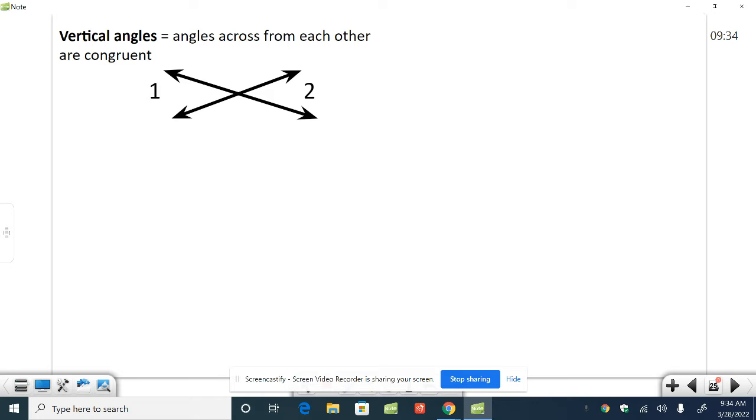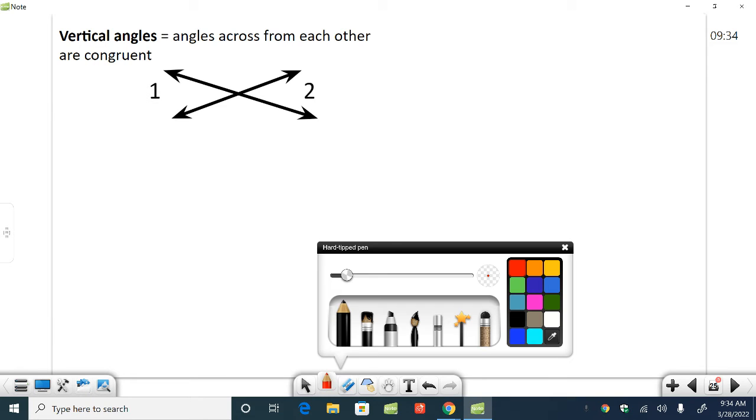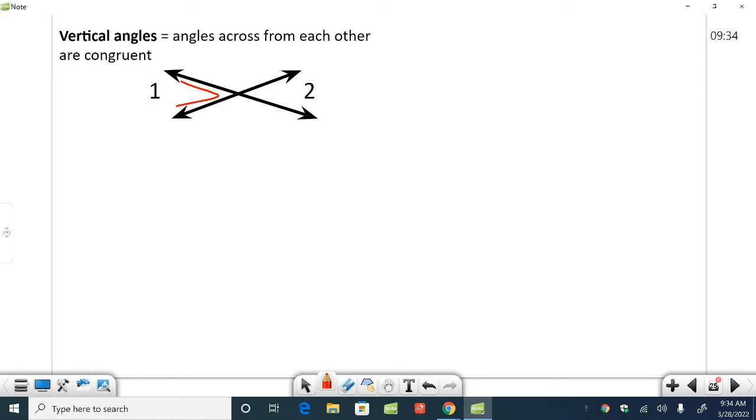Okay, so vertical angles are angles that are across from each other. I want you to get one color, and we're going to label the vertical angles. Angle 1 and angle 2 are the same measurement.